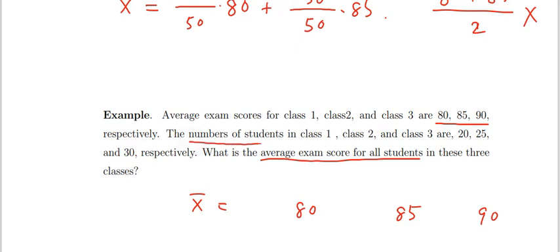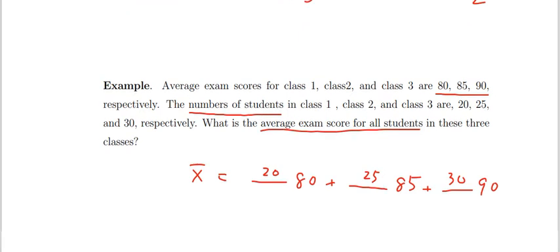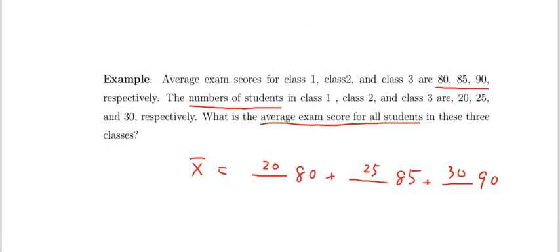So for 80, class 1 has 20 students, this one has 25 students, and this one has 30 students, right? And then divided by the total weight, the total number of students for these three classes, right?